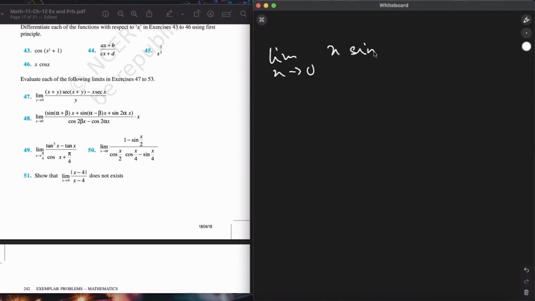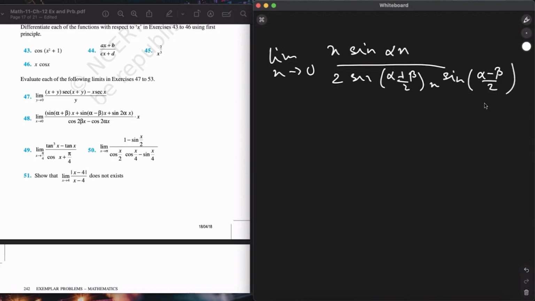Now limit of x sin alpha x, divided by 2 sin((alpha plus beta)/2 x) sin((alpha minus beta)/2 x). There was an x also over here, so this x and this x will simply get cancelled out.